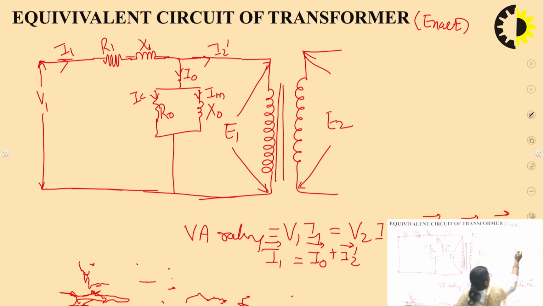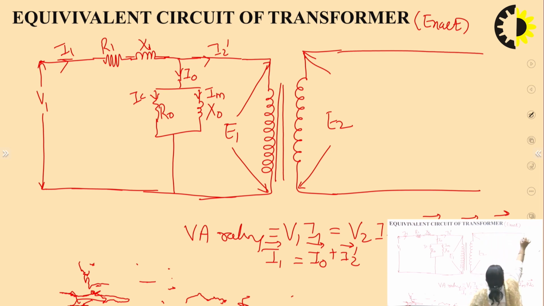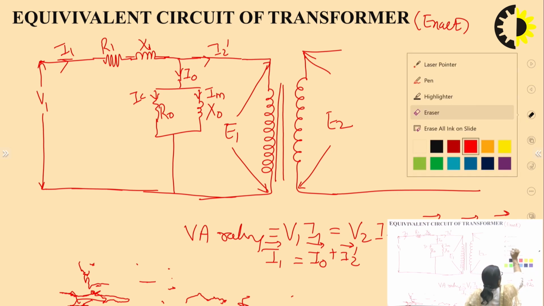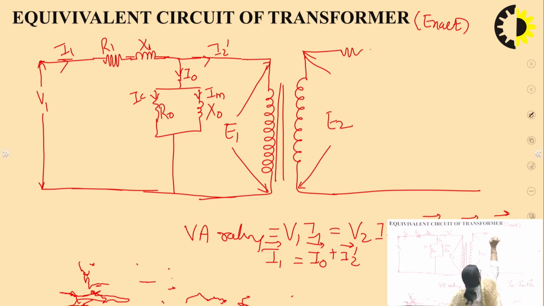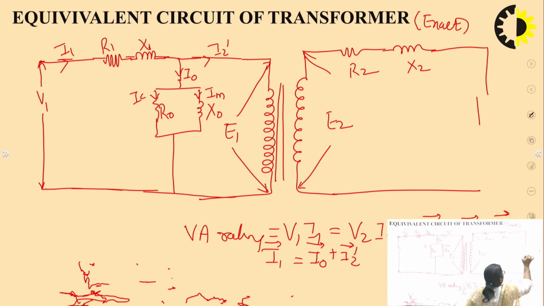This E2 will drive the secondary circuit, and in this secondary circuit we have the secondary winding resistance R2, the leakage reactance of the secondary X2, and finally our load ZL.